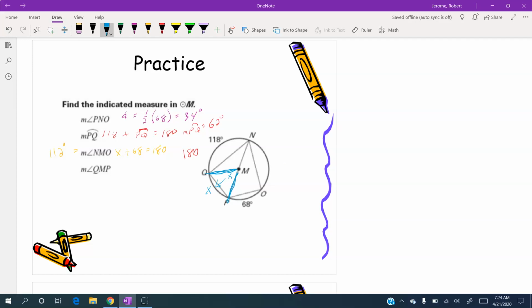So really, it's the same. We've already done it. Our answer is 62. We don't have to do any more work in this question. So we have a couple central angle questions in there also. A couple arc addition, a couple inscribed angle, a couple central angle. We just mix it up a little bit.